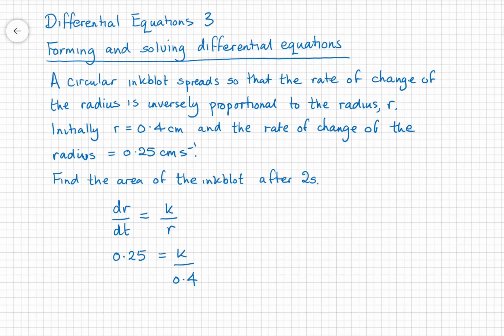So to find k, we simply multiply 0.25 by 0.4, giving us a value of k of 0.1. That we can substitute back into the differential equation to give us dr by dt is equal to 0.1 over r. And we've now formed the differential equation that we're going to go on to solve.